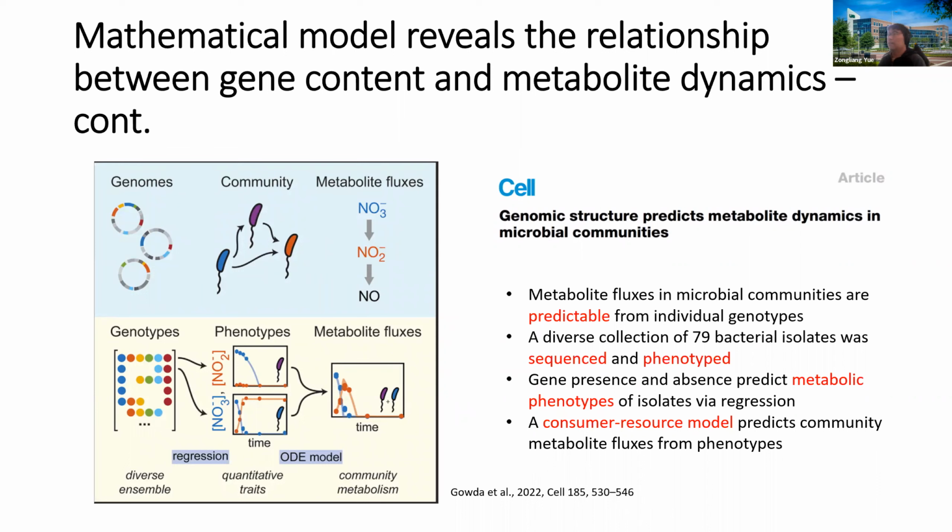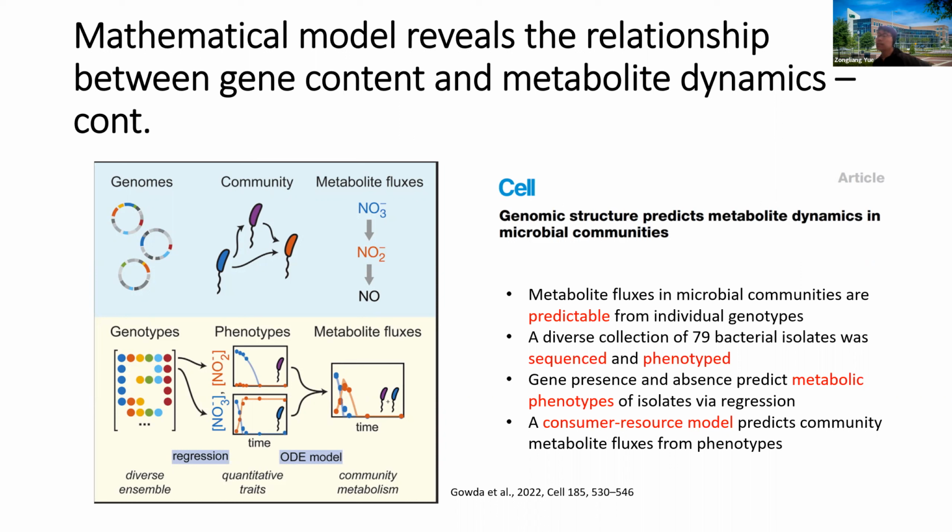So how can we reveal this relationship between genotype and phenotype? Well, a very simple, straightforward model is used in a publication early this year in the Cell journal. They used yeast and tried to find isolated strains to build a mathematical model to predict the metabolite fluxes with regard to the phenotype.